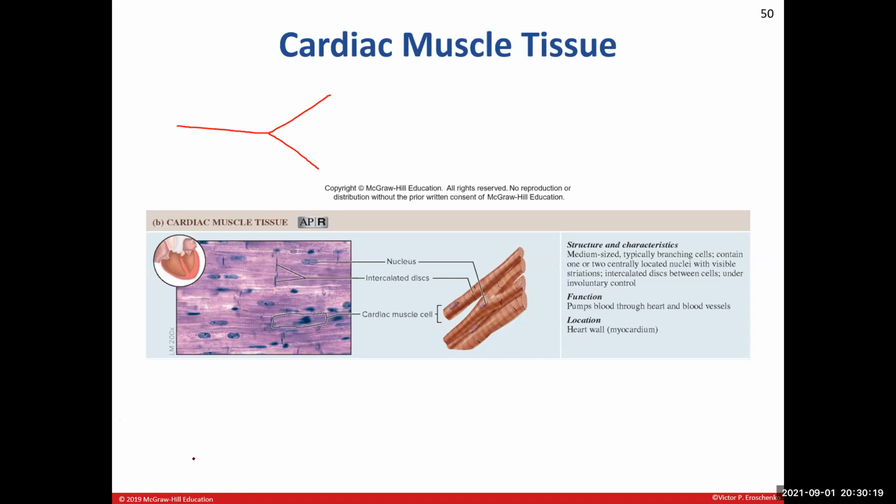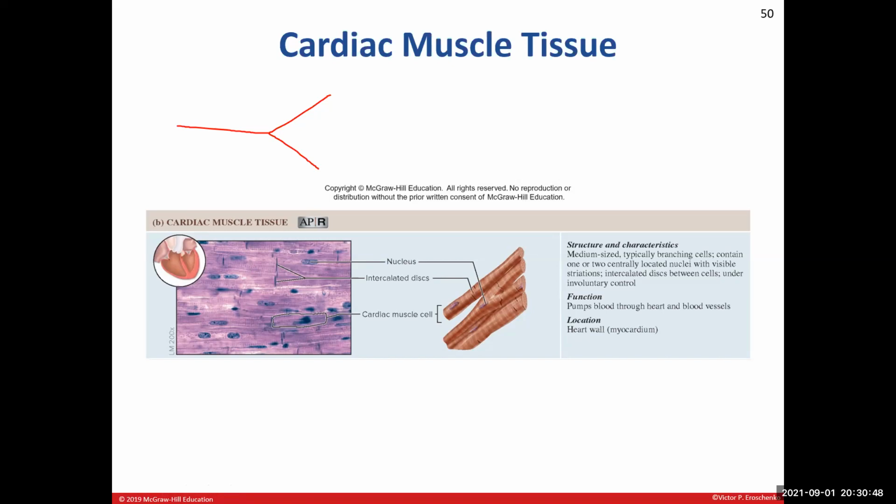If you'll notice here on our slide, you have these dark lines right here, here and here. Those are called intercalated discs, and those are sites of attachment between cells. It allows the cells to function as one and contract more effectively.